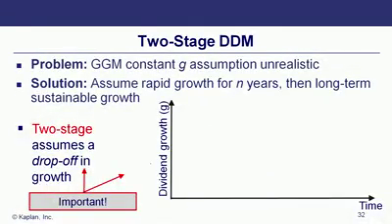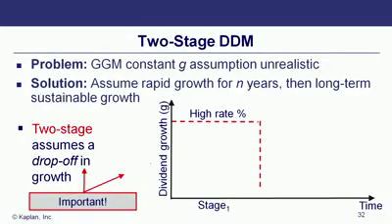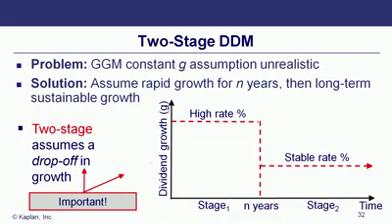So, the problem with a single growth rate is it probably doesn't work, so we'll have rapid growth and then a drop-off. So here's the high growth, and then all of a sudden, bang, we have lower growth. We will find in stage 1 the individual PV of dividends, and then going forward, we'll use the Gordon growth model.